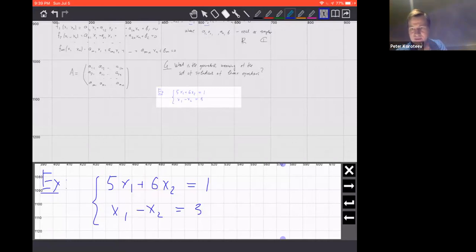So basically x1 is 19/11. Let's check: 19/11 minus 14/11 is equal to 3, and 5 times 19 minus 6 times 14 over 11 is 1. I think it looks correct.